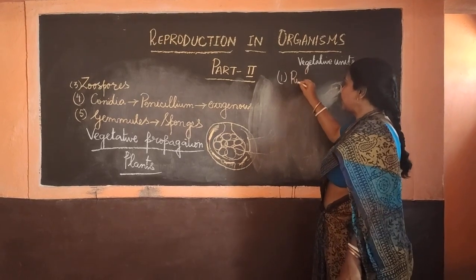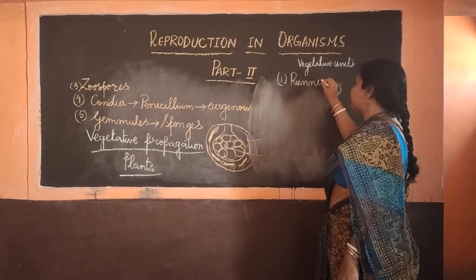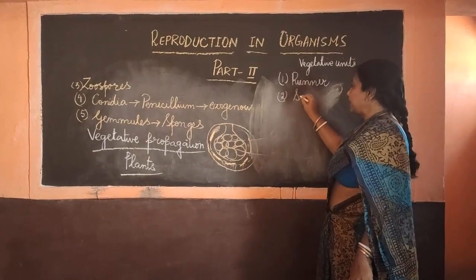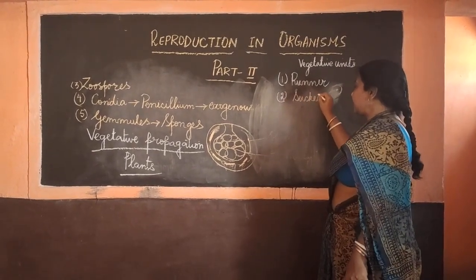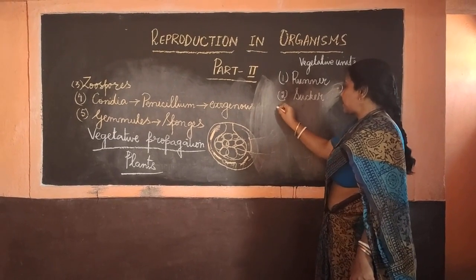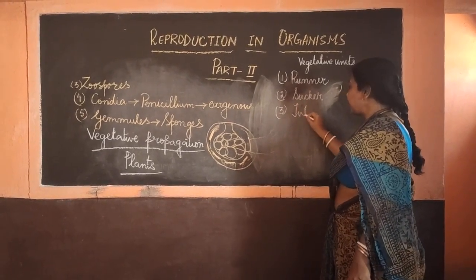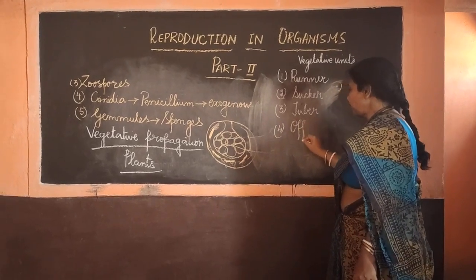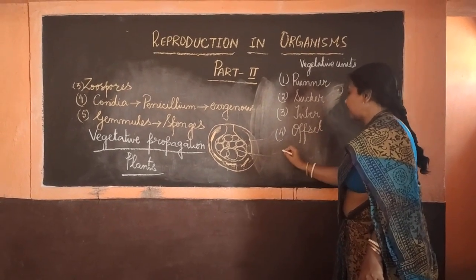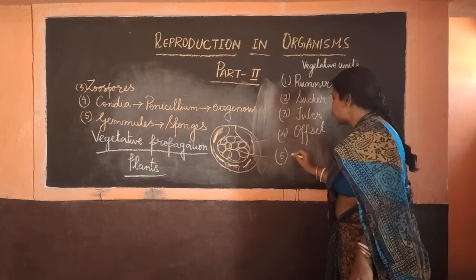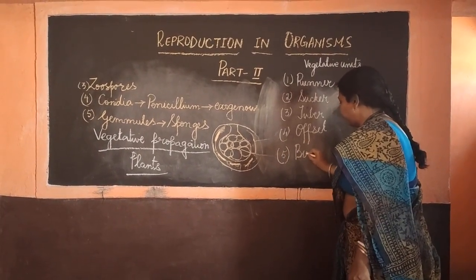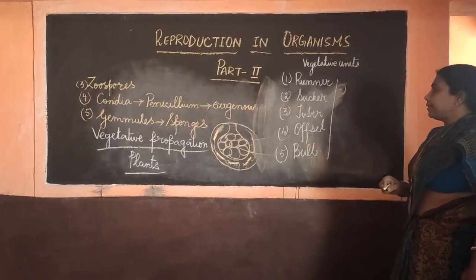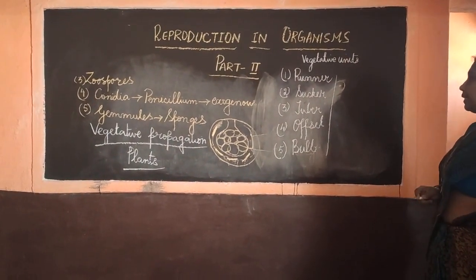We are going to take some of them which are in the NCERT book: runner, then sucker, then tuber, then offset, then bulb. These few we are going to deal with as they are very much mentioned in the syllabus.